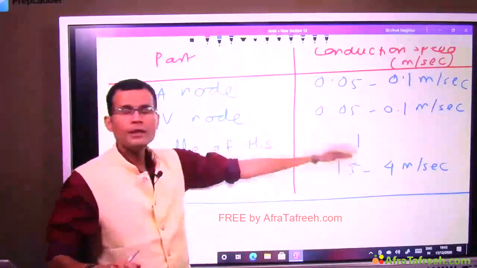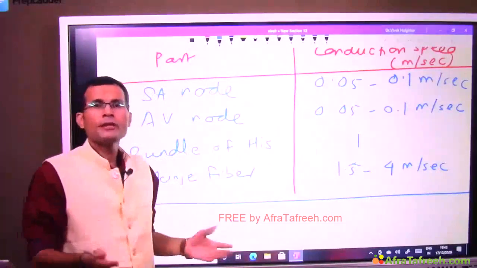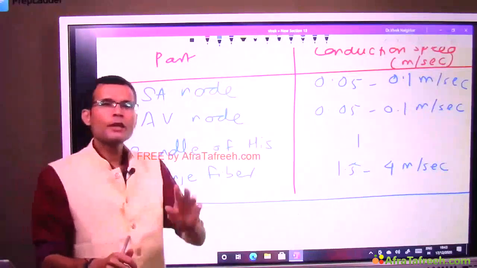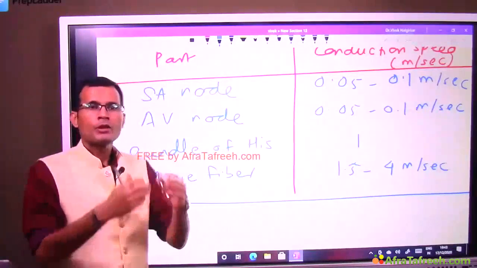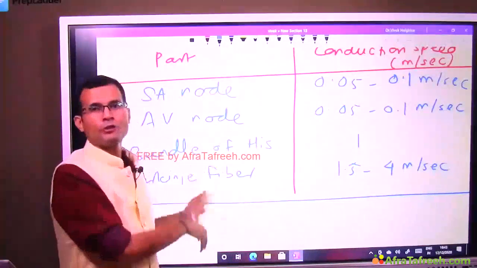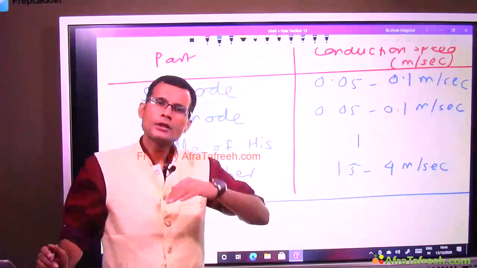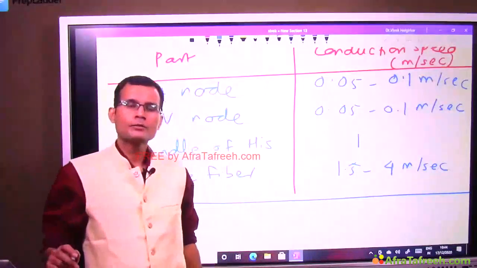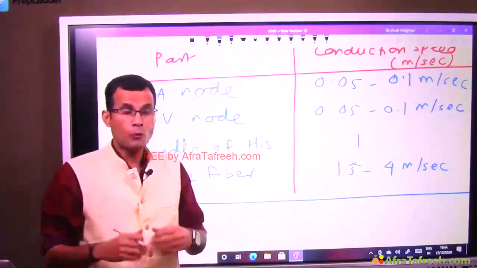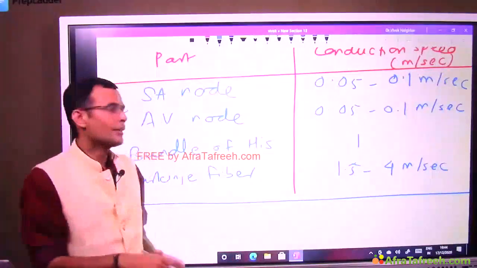I mean, the speeds are given almost the same. Then why do we say AV node is the slowest conducting part? I know you are thinking of AV nodal delay. You are telling me the logic behind it. I am asking the physiology of it. Yes, there has to be AV nodal delay so that the impulse is delayed going into the ventricles. So AV node has to be the slowest conducting part. That's the logic behind it. But what is the physiology behind it?